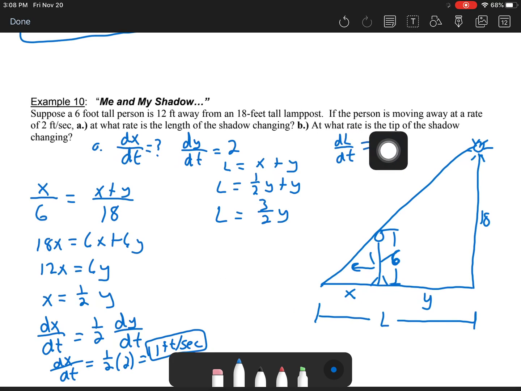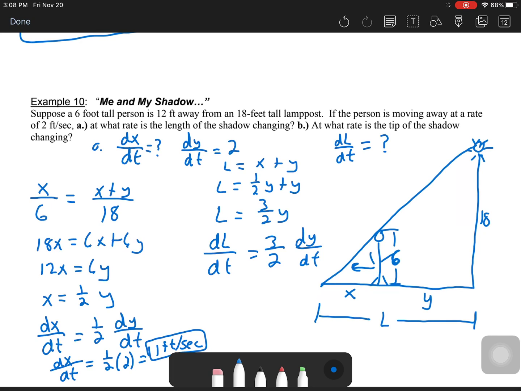Okay, and what I'm looking for again is the rate of change of the tip of the shadow. So that's meaning from the stationary light source here, at what rate is the tip of the shadow changing? So that's my L, that's my dL/dt. So if I take the derivative of that, I'm going to get 3/2, and then here's my dy/dt.